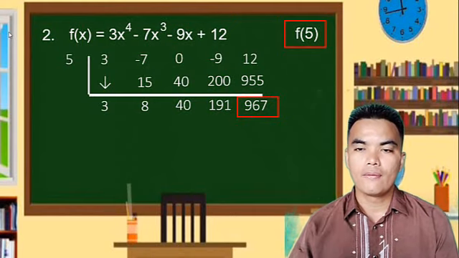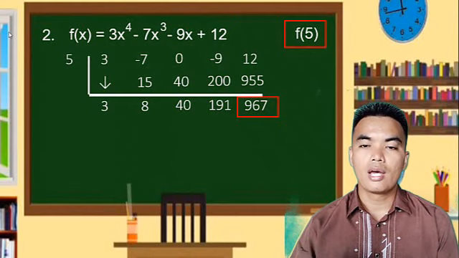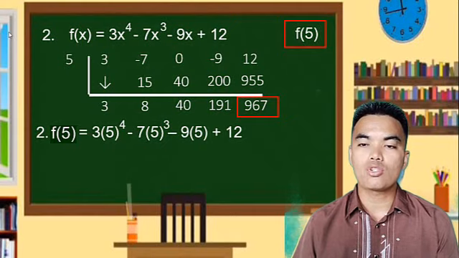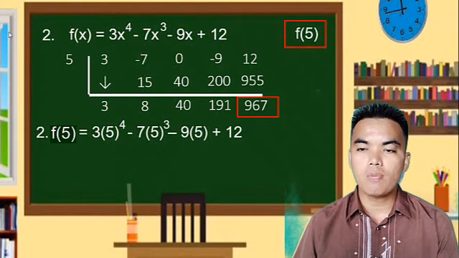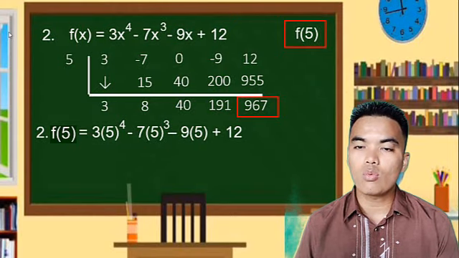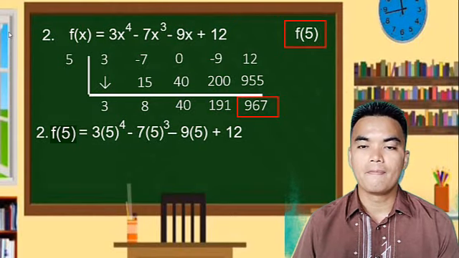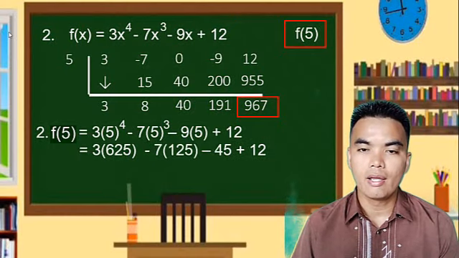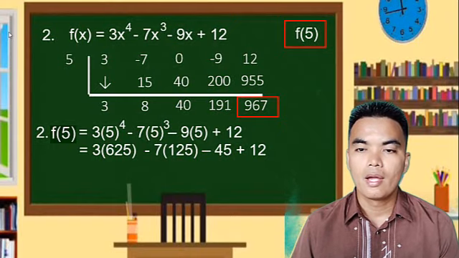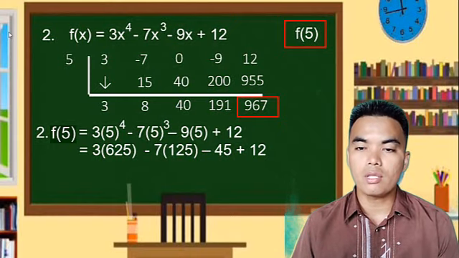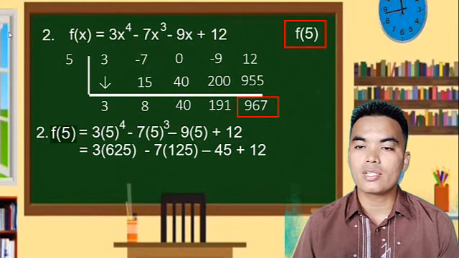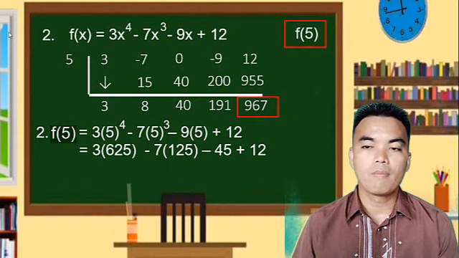Now we will find out if we get the same result using the remainder theorem. f of 5 is equal to 3 times 5 raised to 4 minus 7 times 5 raised to 3 minus 9 times 5 plus 12. Again, we just substituted the value of 5 for x. 5 raised to 4 is 625, and 5 raised to 3 is 125, and 9 times 5 is 45.